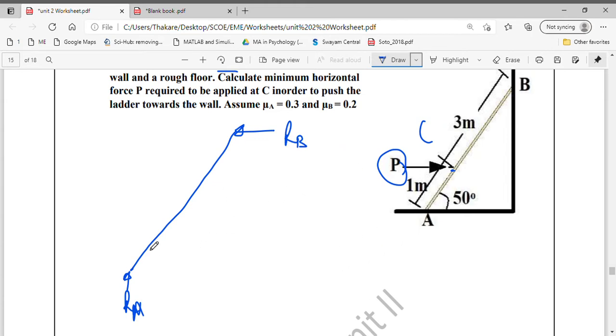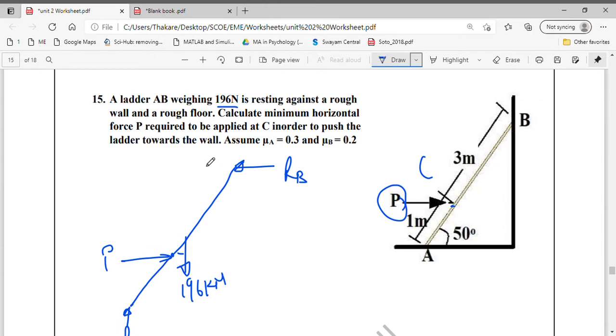Then at this point C, there is a horizontal load P. There is one vertically downward acting self weight which will act at a distance of 2 meters, right? It will lie at center. This is 2 meters and this is 2 meters.